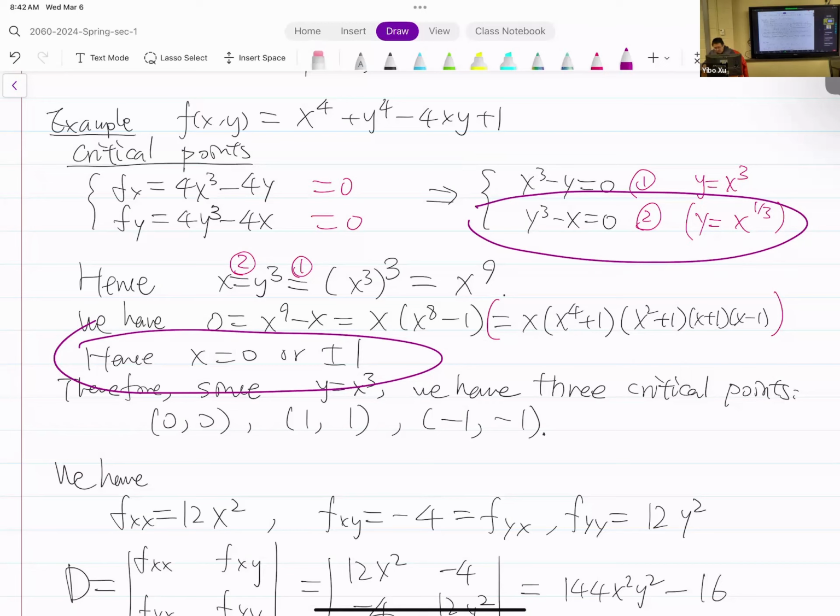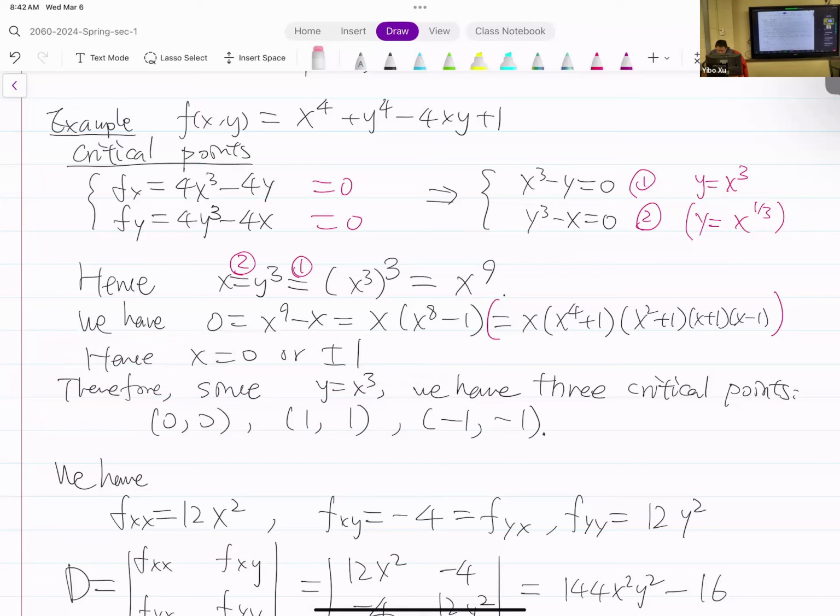So the conclusion is the same, that y must be 0, 1, or -1 respectively. Then there's a root. That's the only difference. All right. Any other questions? So this is a very, very, very important example.